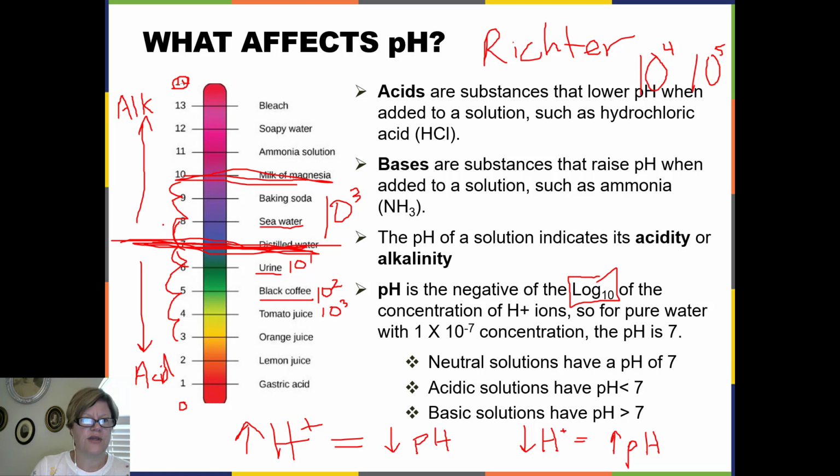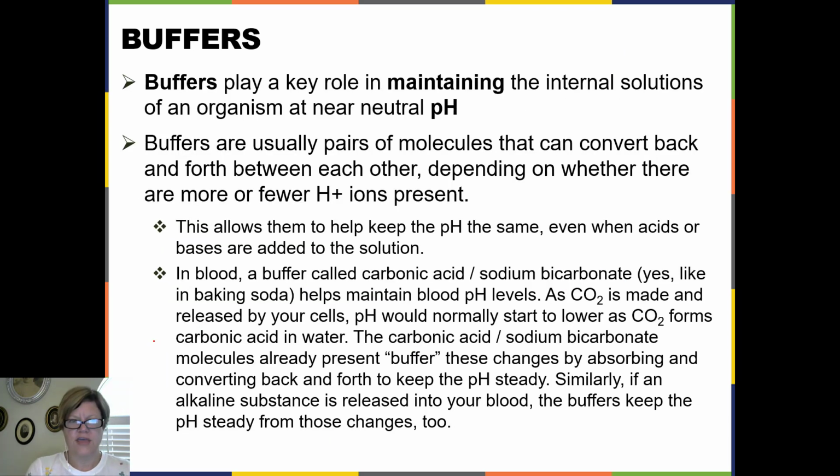So if you're going in this direction, it's fewer hydrogen ions. If you're going in this direction, it's greater hydrogen ions. All right, so that's how the pH system works. And you just need to know that it's a log 10 scale and be able to make some comparisons between solutions.